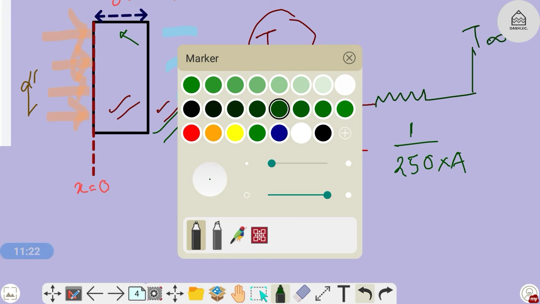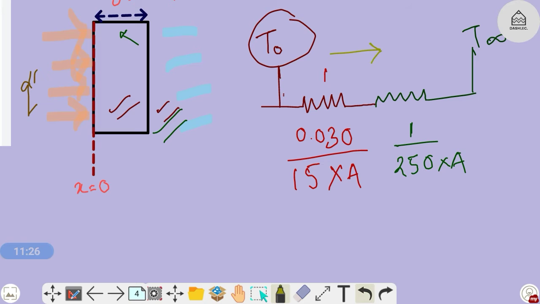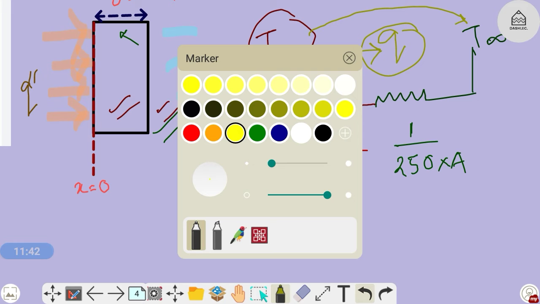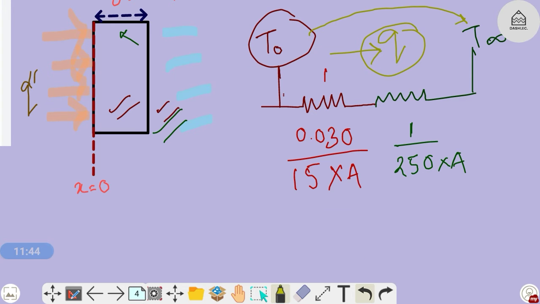Let the heat that is flowing here be Q. So the heat flowing between temperature T0 to T infinity is Q. What can we write for Q?